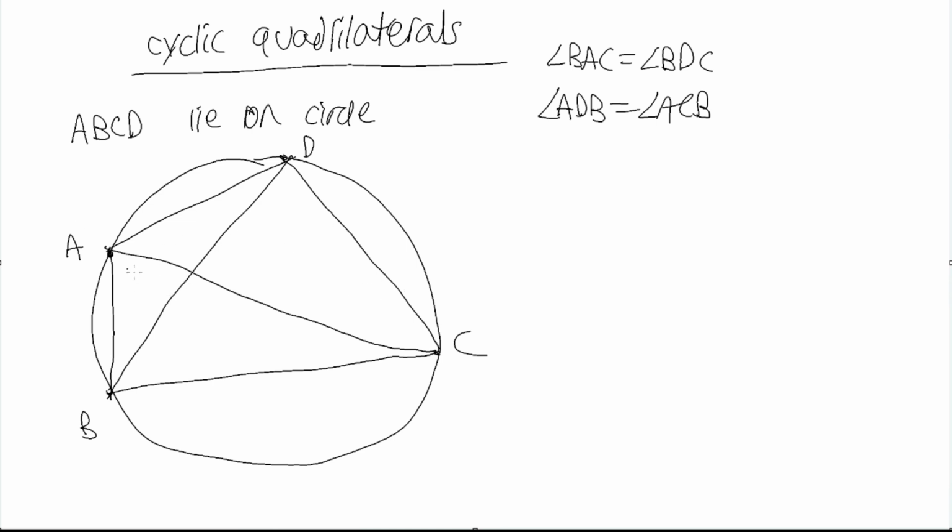So we have angle ACD equals angle ABD, and angle CBD equals angle CAD. And we also have an extra pair. So we have angle BAD plus angle BCD is equal to 180 degrees.